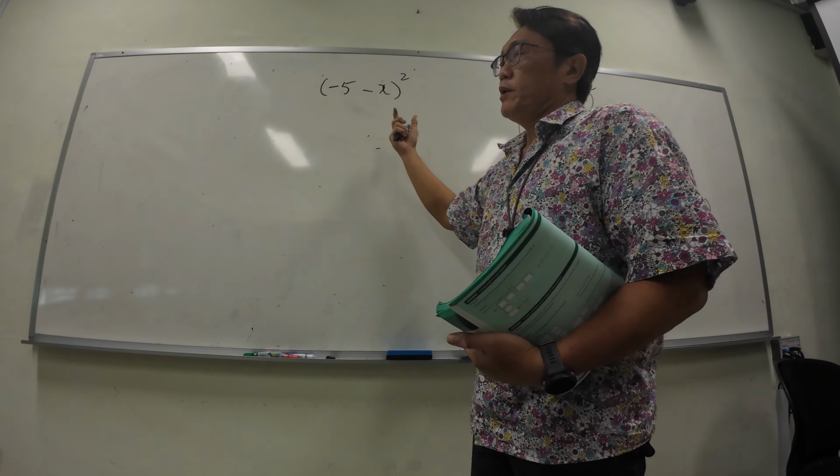Or if I don't use the identity, I can also do front times back, bracket times bracket. Then front times front, negative 5 times negative 5, negative times negative, positive, 5 times 5, 25. Front times back, negative 5 times negative x, negative becomes plus. Back times front, negative times negative becomes plus. Then the back, negative x times negative x, so positive x squared.